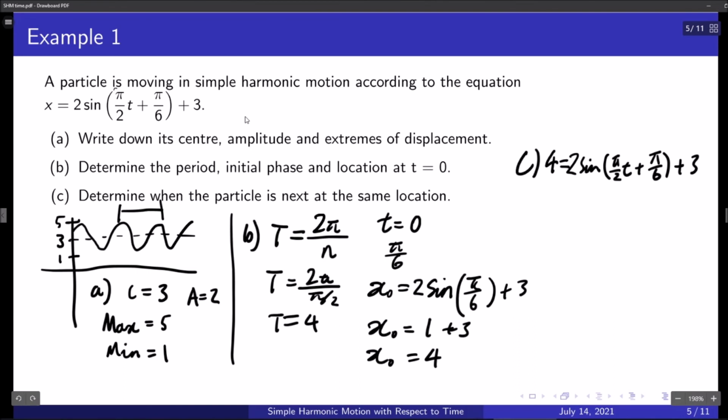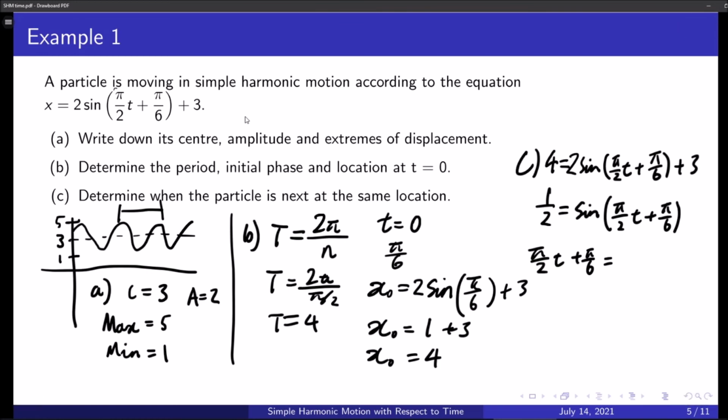We have to solve for t in this equation. 4 minus 3 is 1, 1 divided by 2 is a half, equals sine of pi over 2 t plus pi on 6.